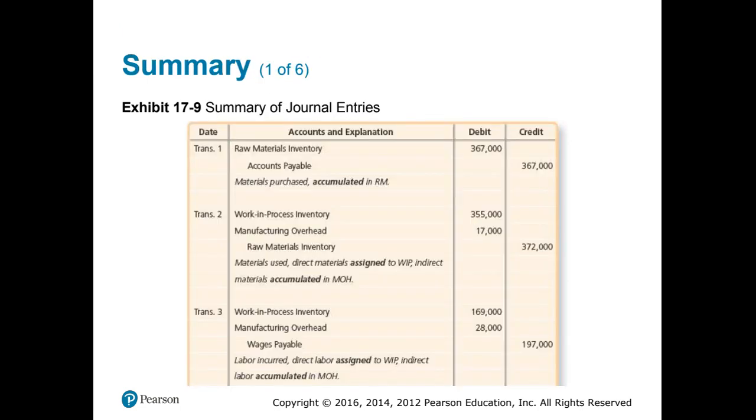And so now we're seeing a summary of all of the entries that we have walked through for Smart Touch Learning. This is just showing how they would flow in our software. If we use the software and we're looking at our journal entries, this is just showing us how those journal entries would flow through.